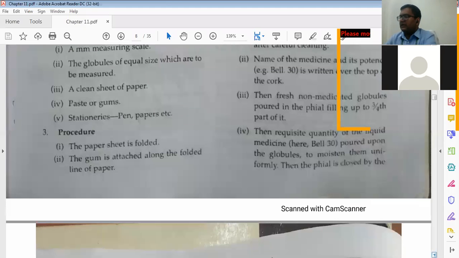Suppose this is the paper. This paper you just have to fold like this. So this folding part is uniform. Here you can paste the globules, in these folding parts.